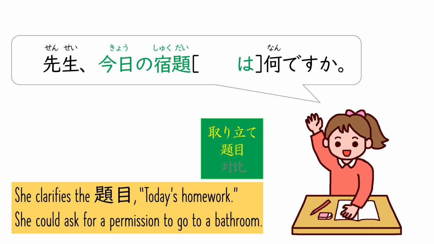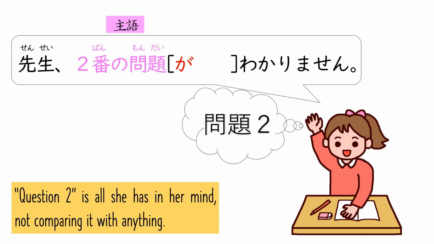She could ask for a permission to go to a bathroom. If she says, 先生、2番の問題がわかりません。 question 2 is all she has in her mind at the moment, not comparing it with anything.